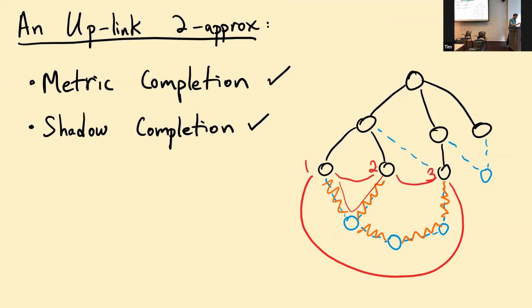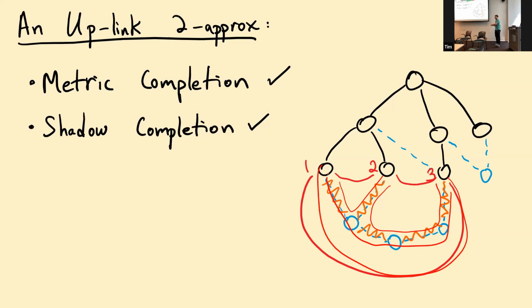So overall, I've gotten a solution covering the same tree edges, which only uses links between terminals, and it costs at most twice as much as the orange solution.